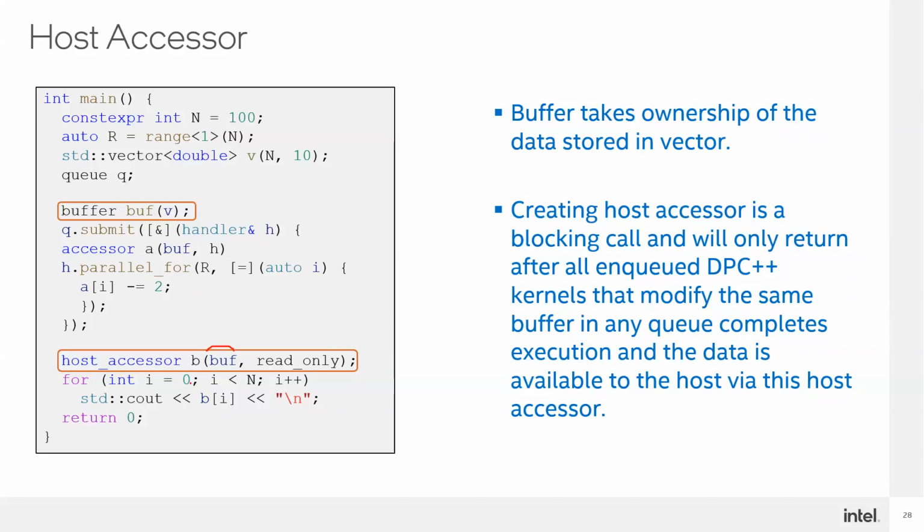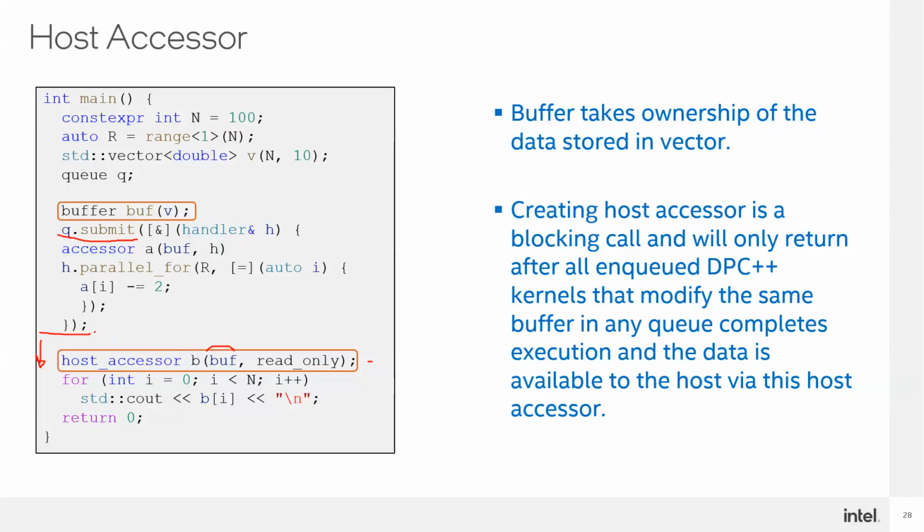And it means that when you are doing this queue submit operation, it's a non-blocking call, which means the execution on the host keeps happening. So we are submitting the kernel and all that, but we don't know when exactly it will execute, right? We're just submitting this to the queue, but we keep executing on the host. And if you want to change this, host accessor is one of the ways where we will block and wait.